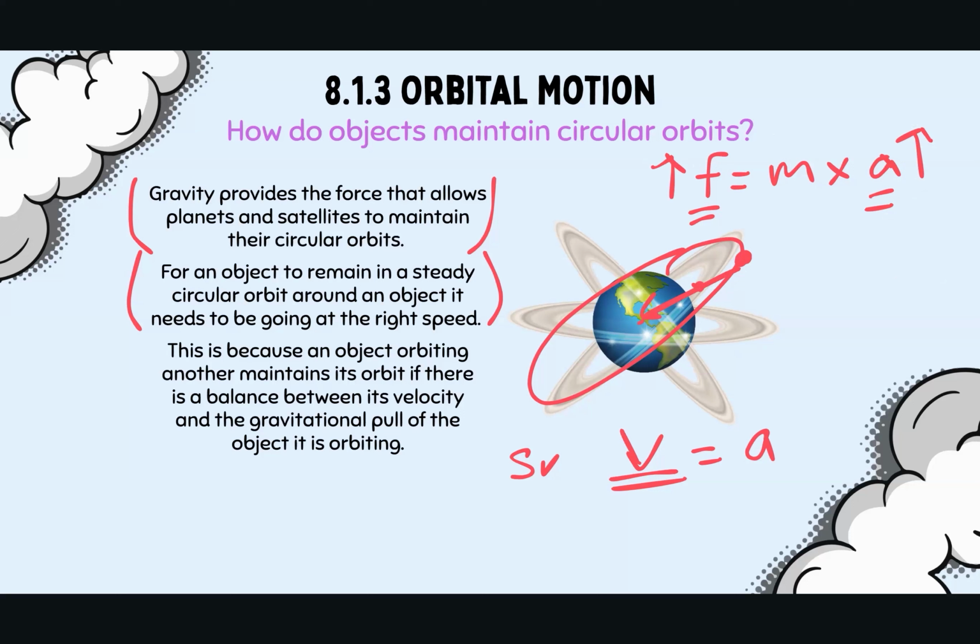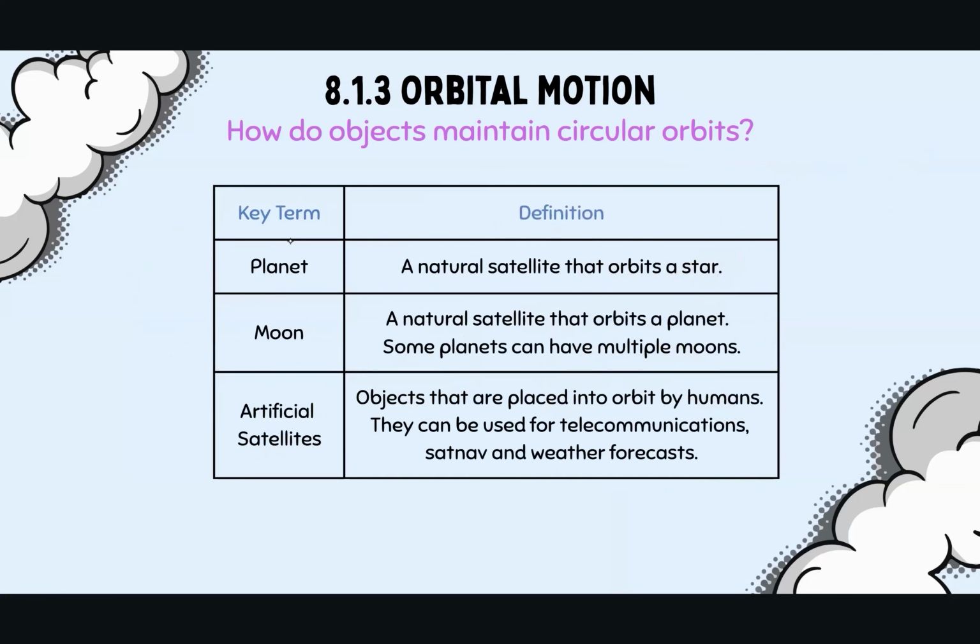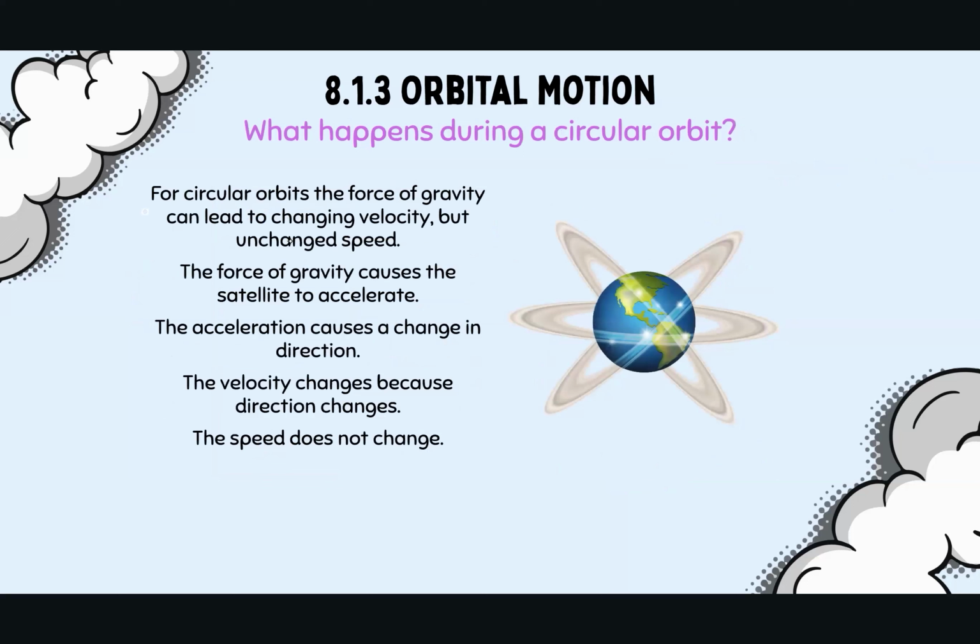So for an object to remain in a steady circular orbit around an object, it needs to be going at the right speed. This is because an object orbiting another maintains its orbit if there's a balance between its velocity and the gravitational pull of the object it's orbiting. So for circular orbits, the force of gravity can lead to changing velocity, but unchanged speed.